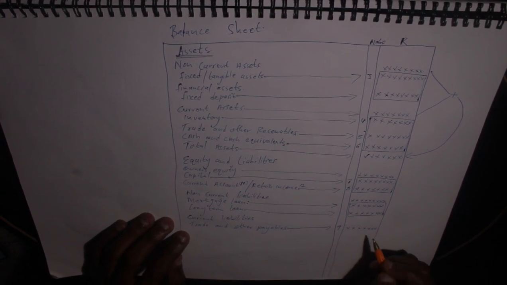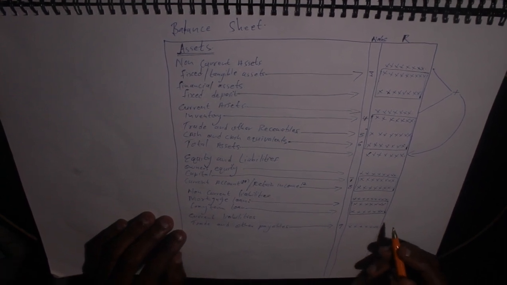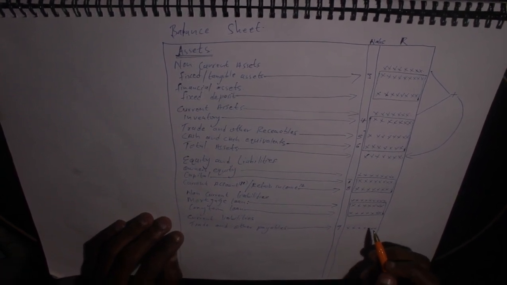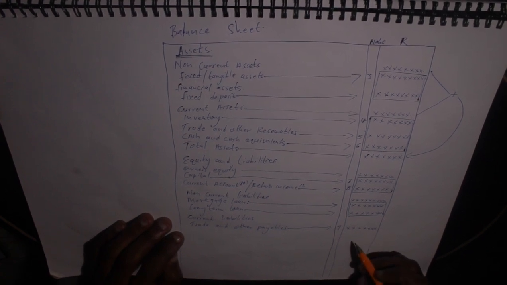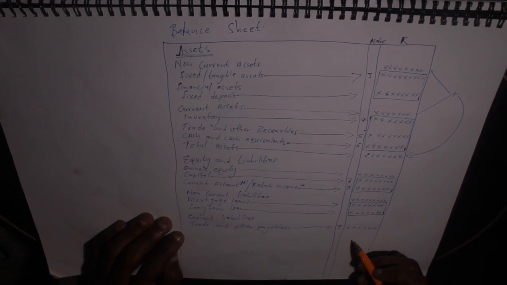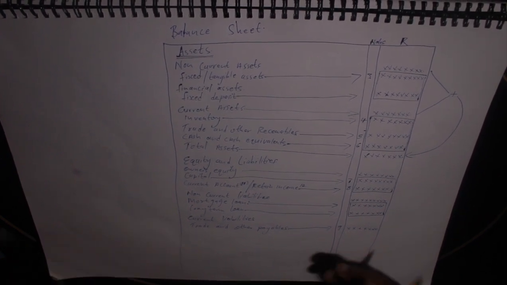Then the total trade and other payables, you put it there. The total value of what you are owing and is going to be paid in a short space of time. You put it there, the value. Now, an example of trade and other payables, that will be your creditors, the suppliers that you are buying from on credit, which we call creditors.